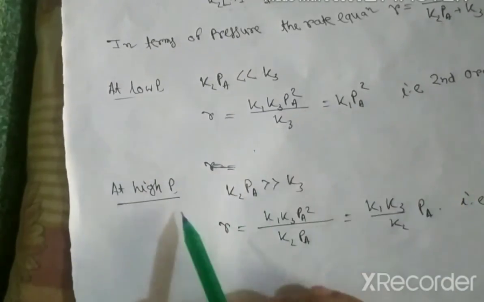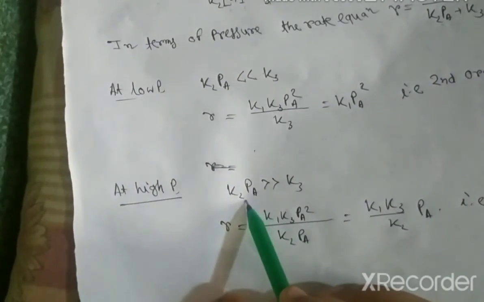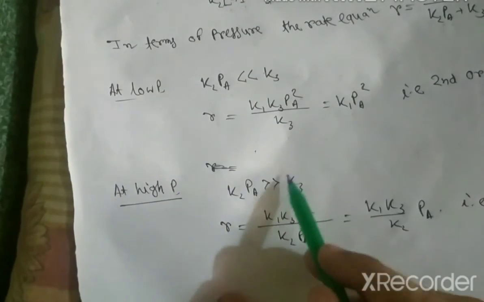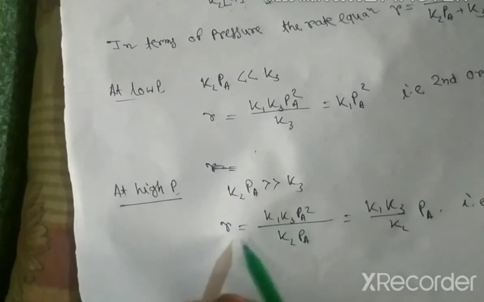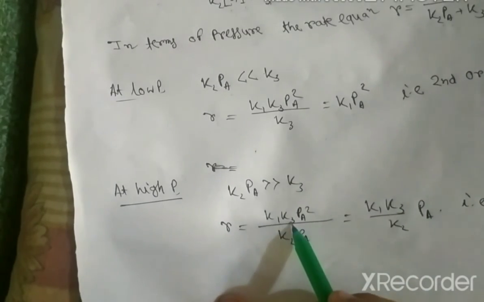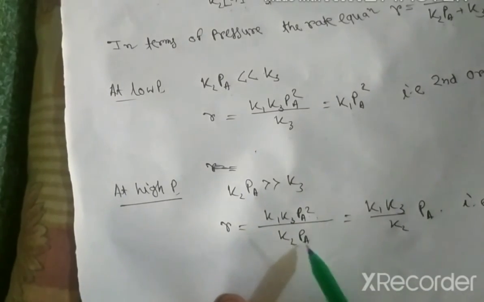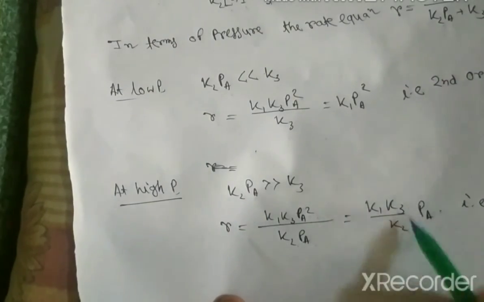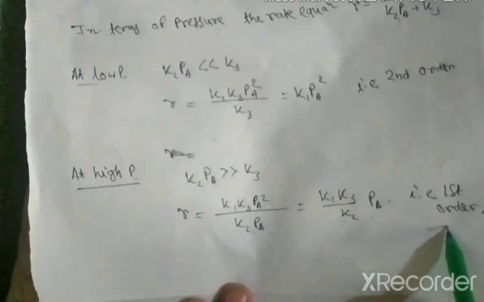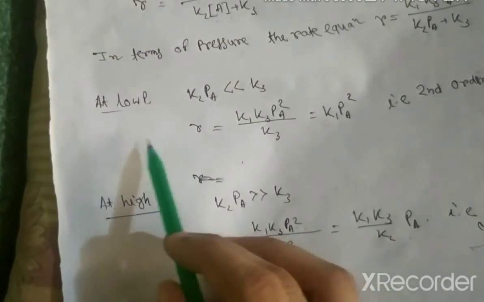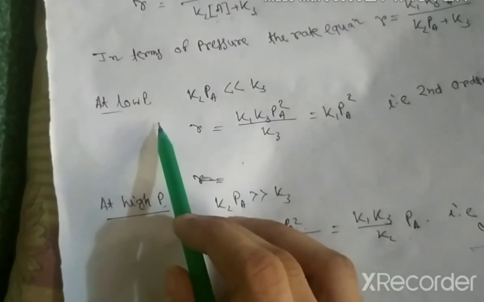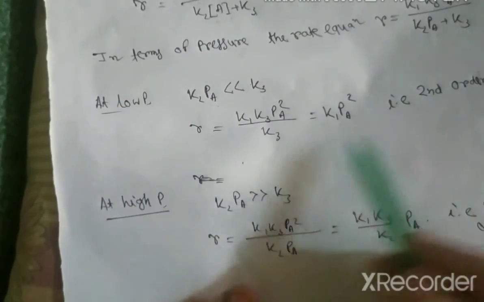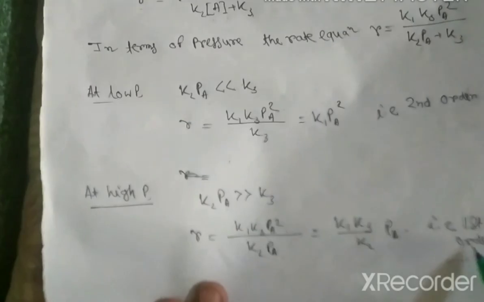At high pressure, k2 into P_A is greater than k3, hence we can neglect the k3 part and get R is equal to k1 into k3 into P_A square by k2 into P_A, which is k1 into k3 by k2 into P_A, that is, the reaction is first order. Hence we got that at low pressure the reaction becomes second order, and at high pressure it becomes first order.